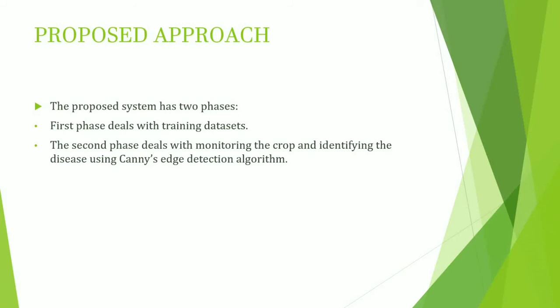The proposed system has two phases. The first phase deals with the training dataset, which includes training on both healthy and diseased datasets. The second phase deals with monitoring the crop and identifying the diseases using Canny's edge detection algorithm.